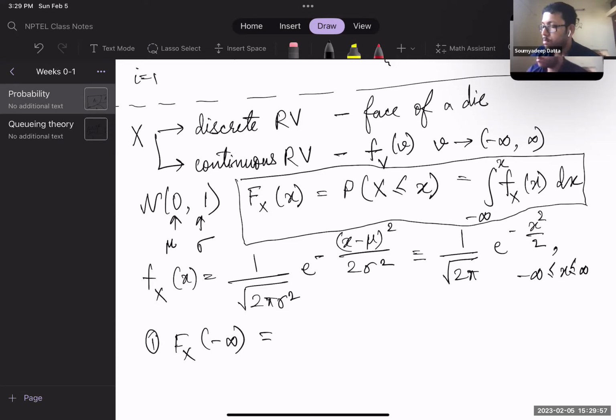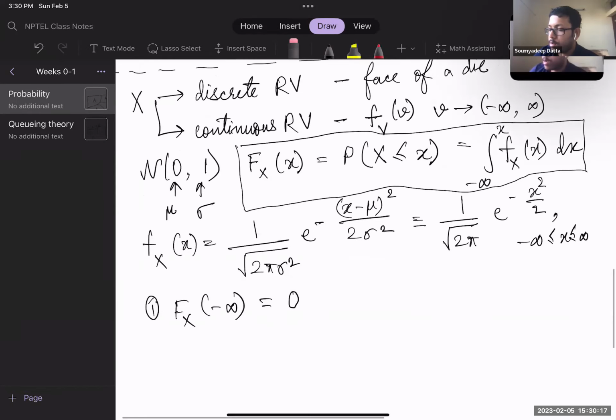This will be 0, because I'll be integrating from minus infinity to minus infinity and that won't amount to anything. So that is from the formula. But logically speaking, I cannot have anything less than or equal to minus infinity. Something like that just doesn't exist. So this is one axiom, you might say, of the distribution function.